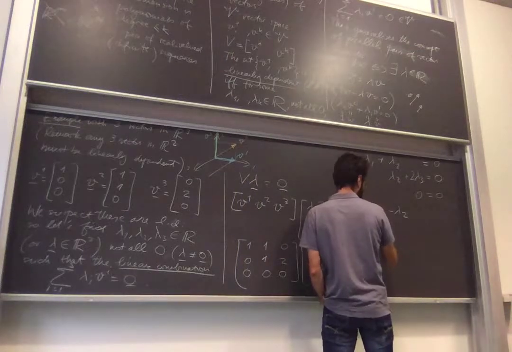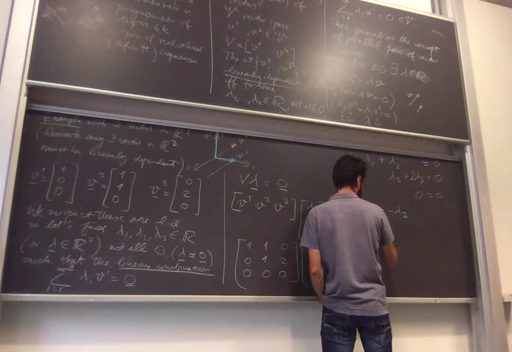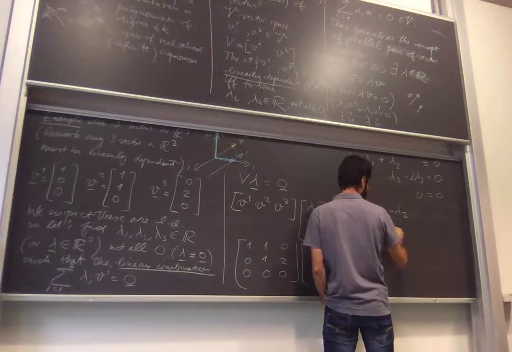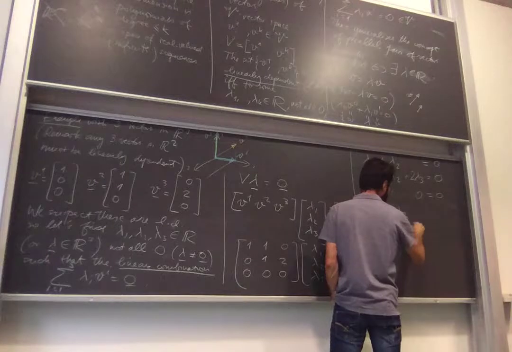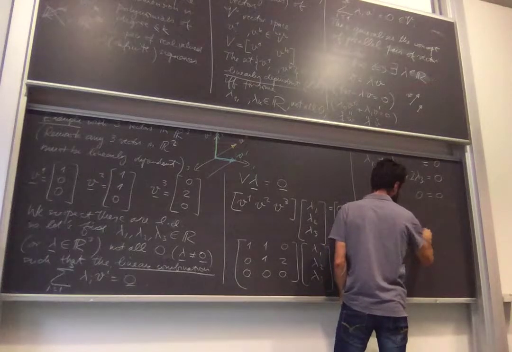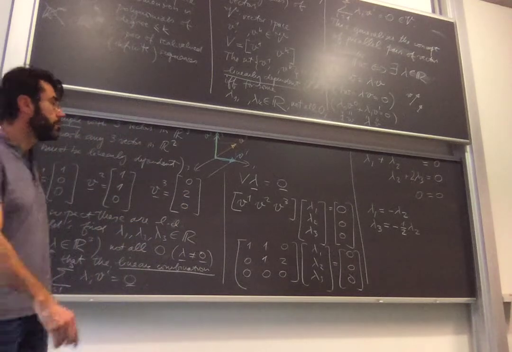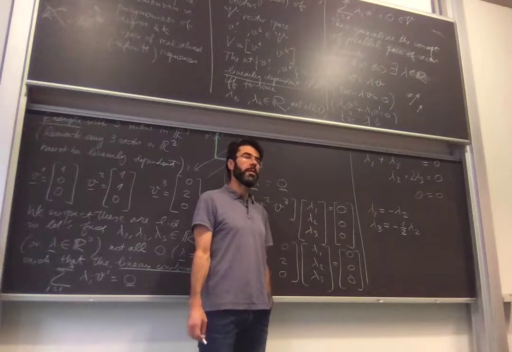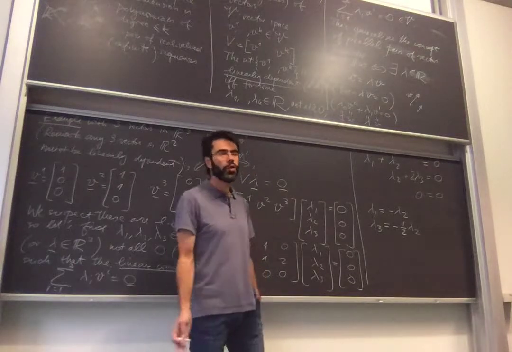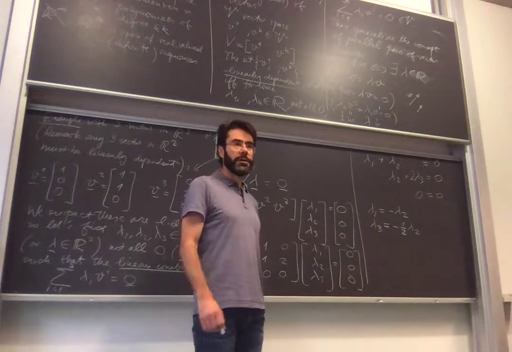The second equation tells us that lambda 3 can be written as minus a half of lambda 2. I decided to treat lambda 2 in a special way with respect to lambda 1 and lambda 3. It's just a choice. You could have decided to take another variable.